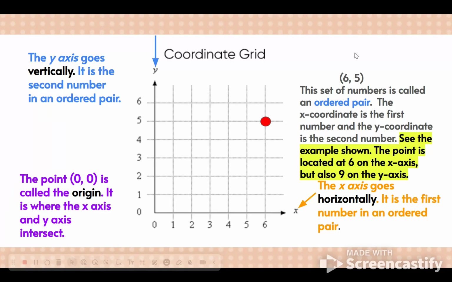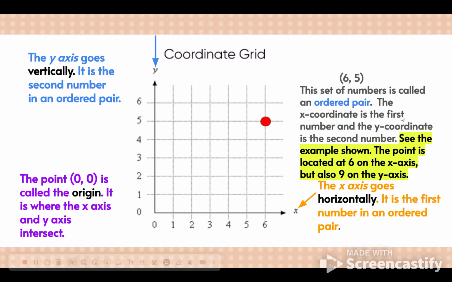First, I want you to go ahead and label the y-axis. You might want to pause this video and grab some colored pencils. This is your y-axis that goes up and down, or vertically. Remember, it is the vertical distance from the origin. Remember, the origin is 0, 0. And this is your x-axis. It is the horizontal distance from the origin.